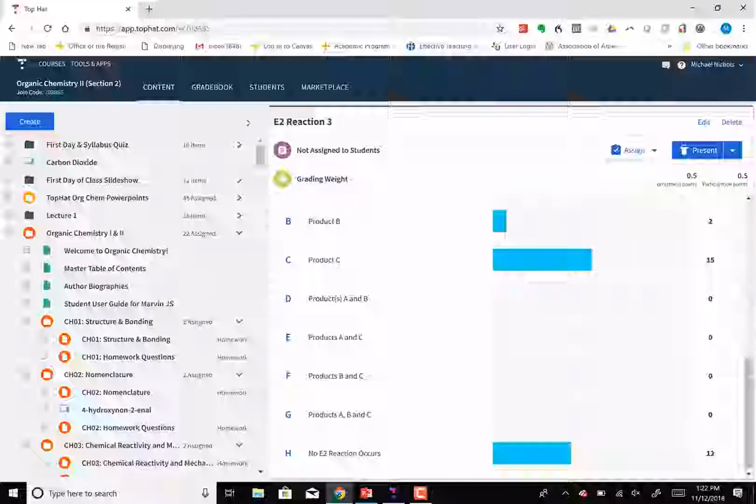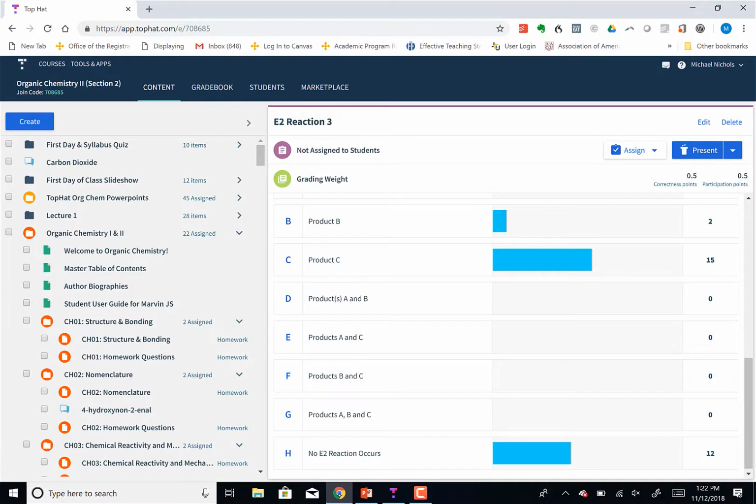C and H. And they're at 15 and 12. So you know what we need to do? Discuss, and we'll revote.